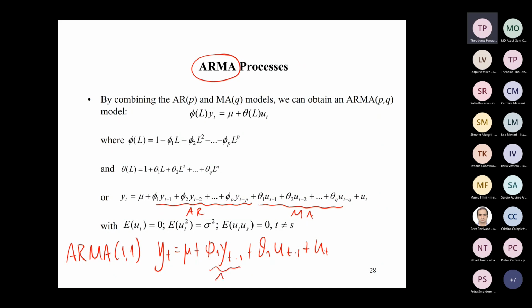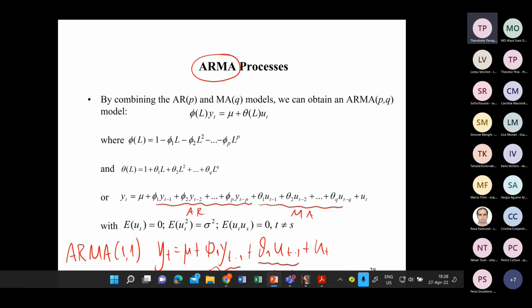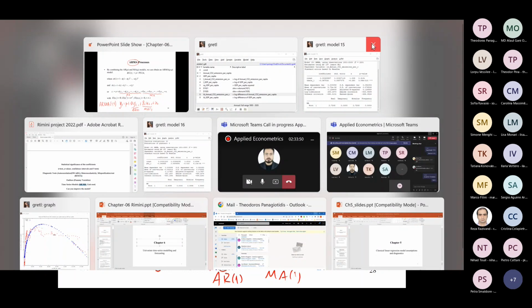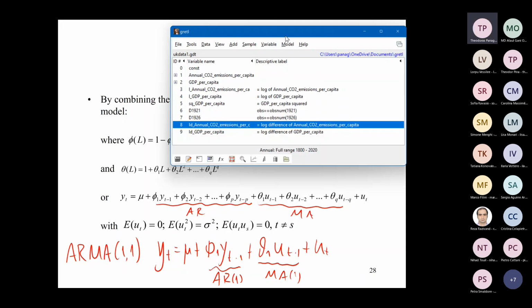So this is the autoregressive one. And this is the moving average one. How can I estimate the mixed ARMA model? Let me go to Gretl.